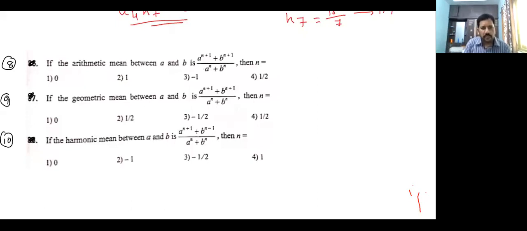In previous class we have completed 7 problems. Now I am going to discuss the remaining problems. See here, 8th, 9th, 10th question.